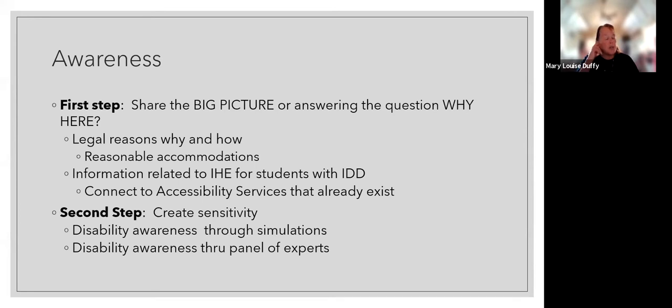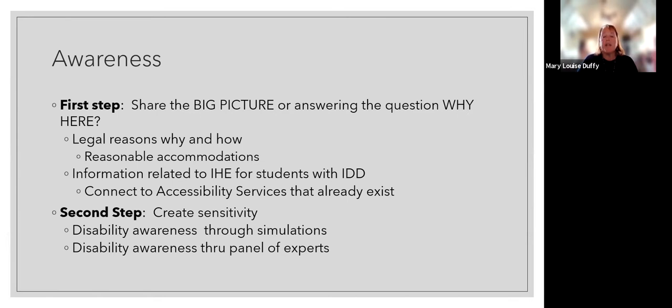You should also consider the idea that there are things on campus that are parallel in a way to an IHE program for students with IDD, like accessibility services. They provide similar sorts of supports for a different group of individuals with disabilities or a different diverse group. So connecting with that, saying that this already exists, is a friendlier, logical way to rationalize the big picture of the program.